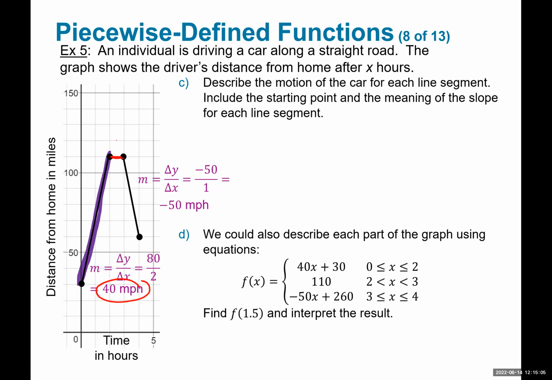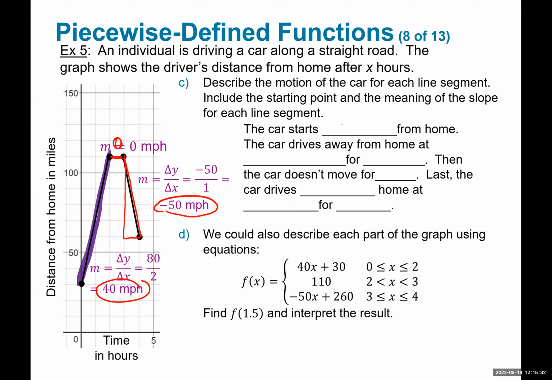Whereas right here, the slope is 0. And right here, the slope is negative 50, because you went down 50 miles in 1 hour. It's not that the speed is negative 50, it's that he's driving back towards home.